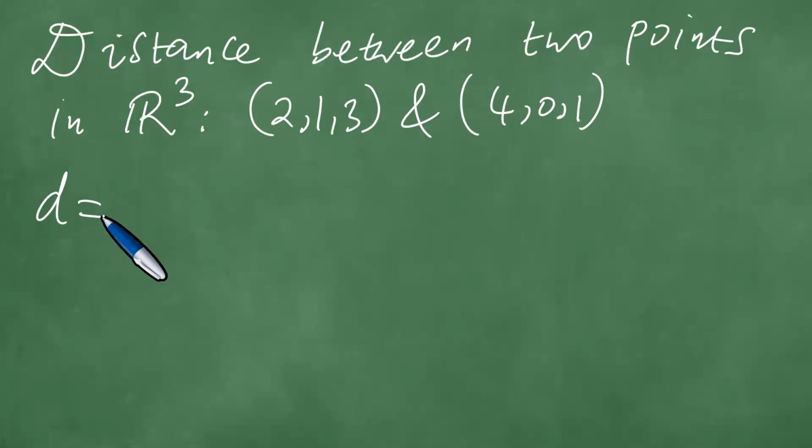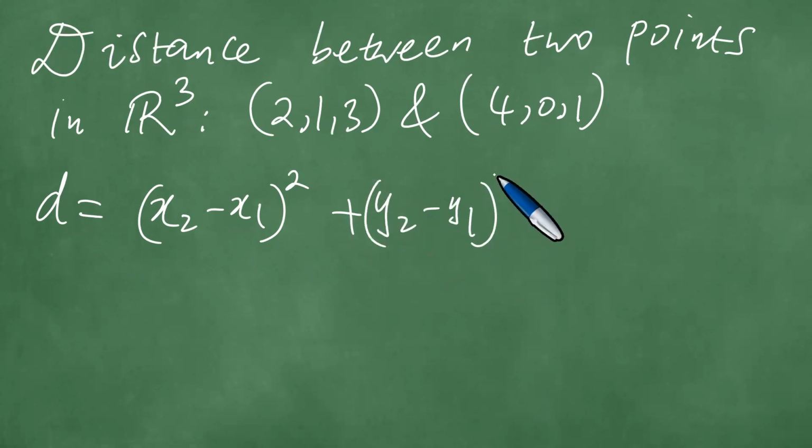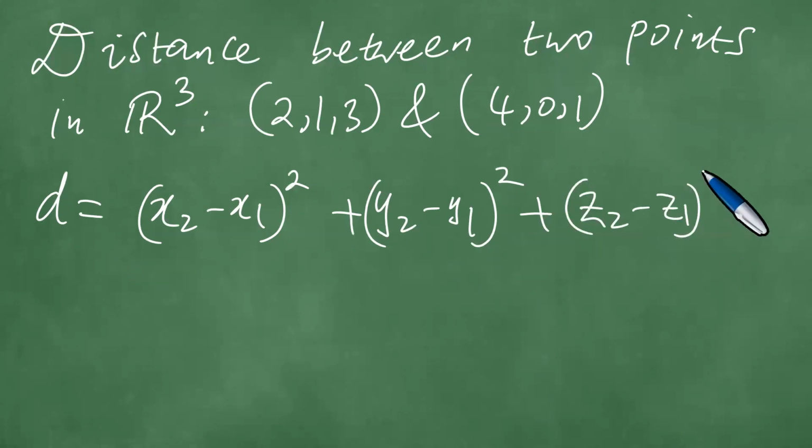So we're going to use the distance formula, which is x2 minus x1 squared, y2 minus y1 squared, z2 minus z1 squared.